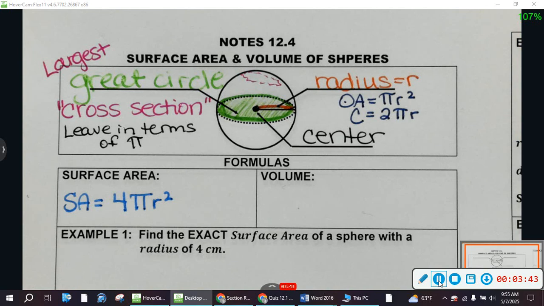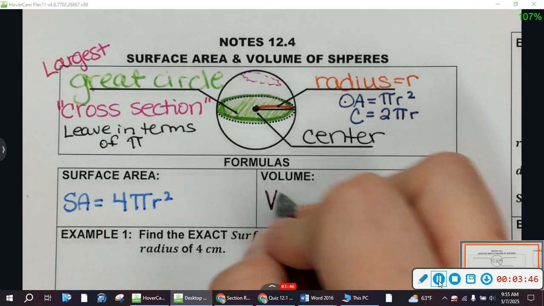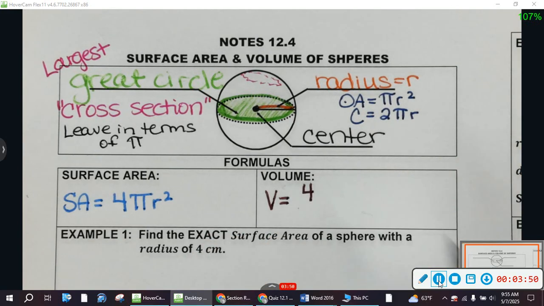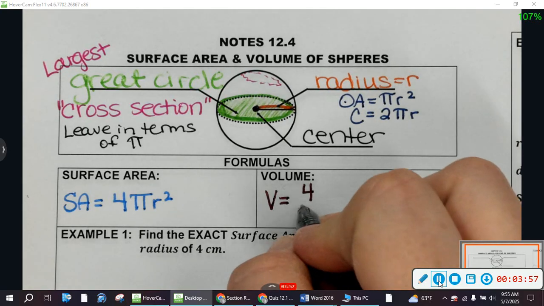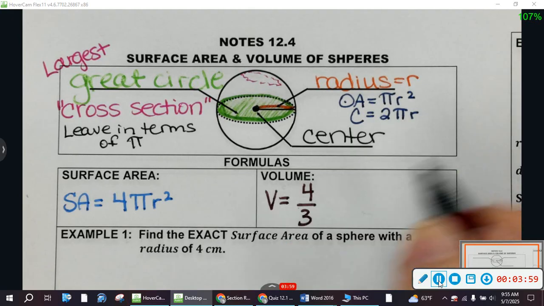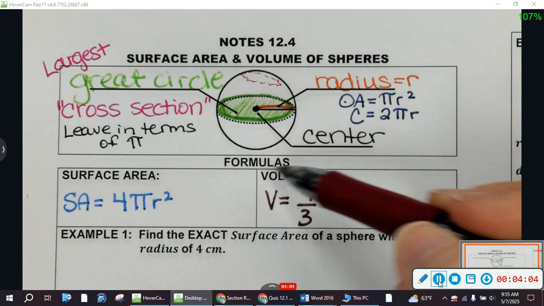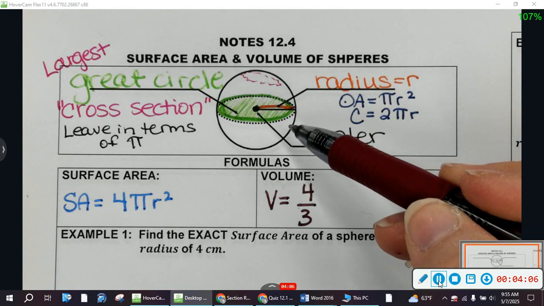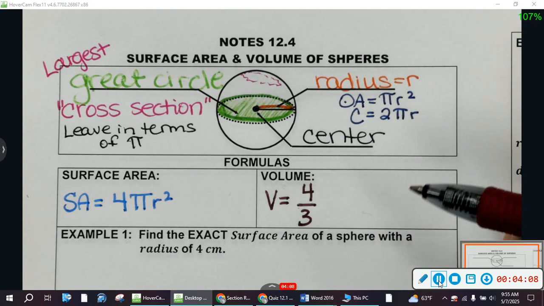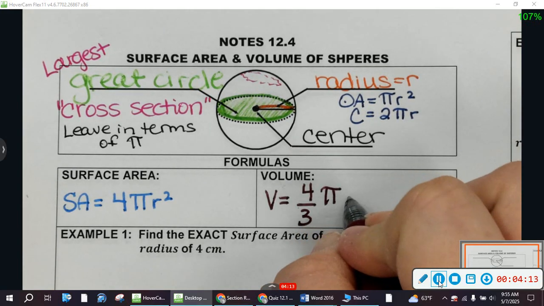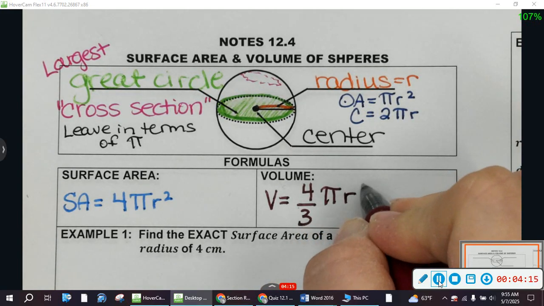And then we have our volume. Now volume is going to take a little bit of our surface area, and a little bit of the cone's volume, which, remember, was 1/3. So the volume of a sphere ends up being 4/3 the area of the base times the height. The area of the base is pi r squared.